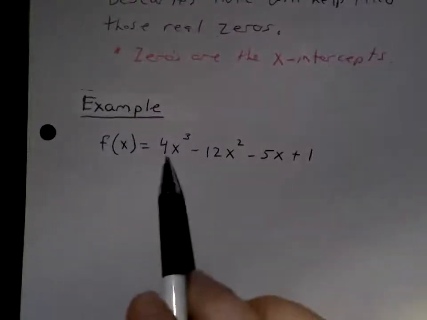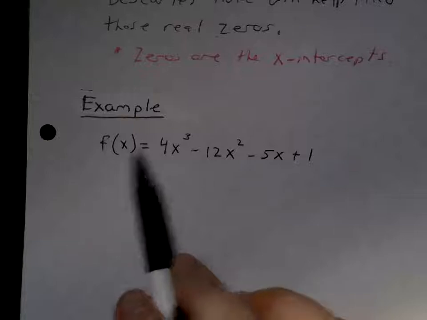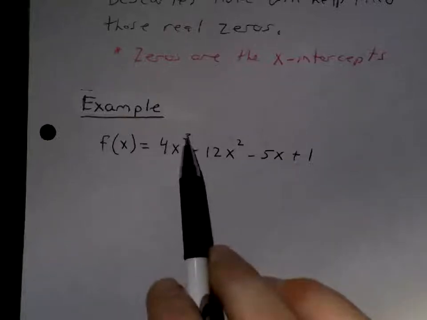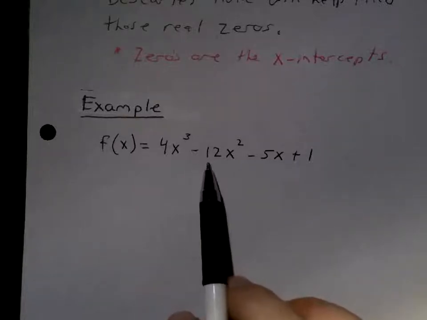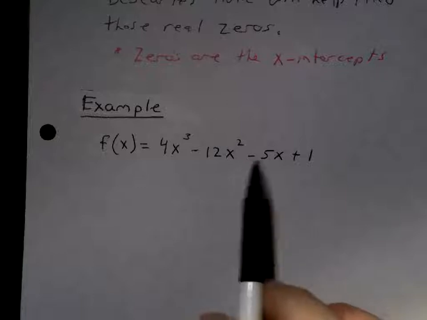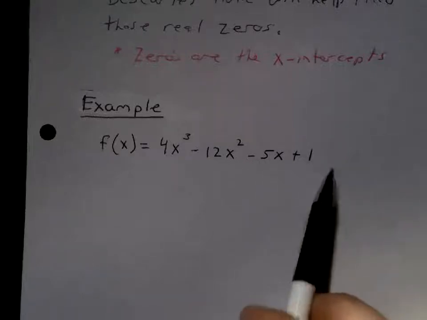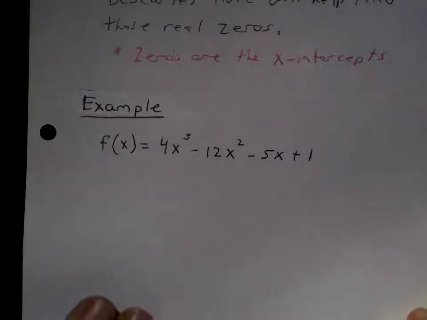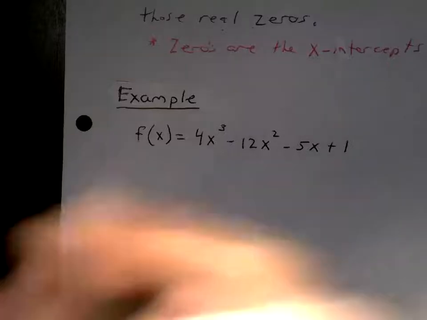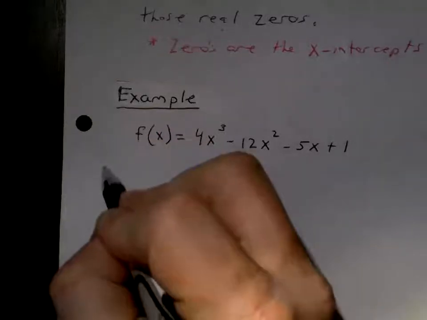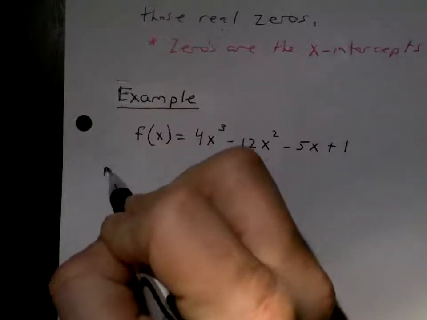So let's look at this example here. f of x equals 4x to the third minus 12x squared minus 5x plus 1. So a couple of side notes here, as you are beginning to do this.